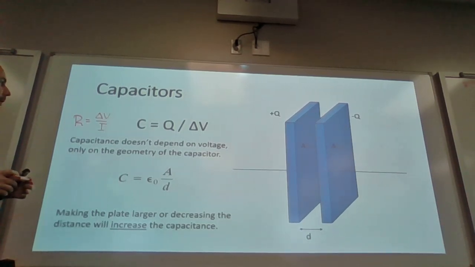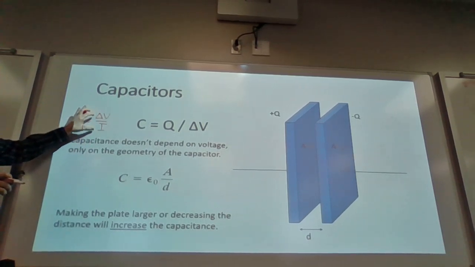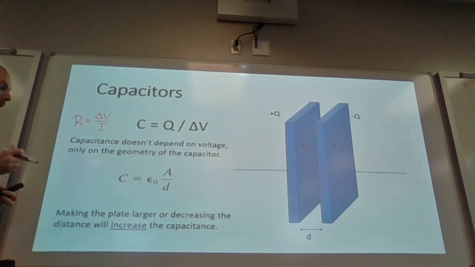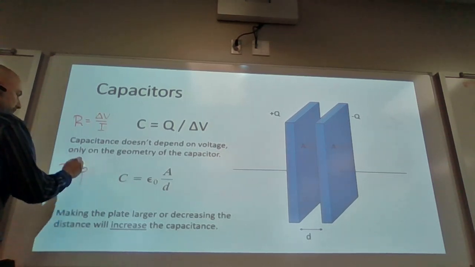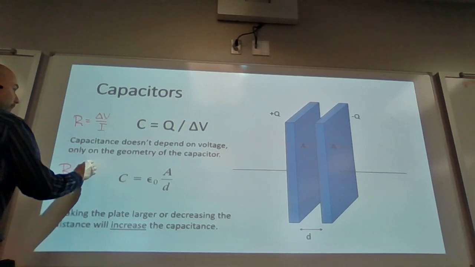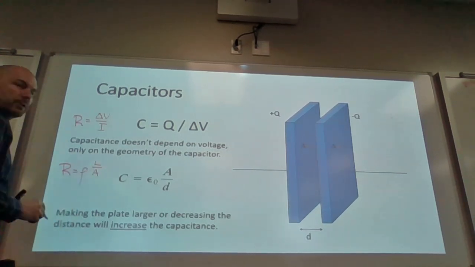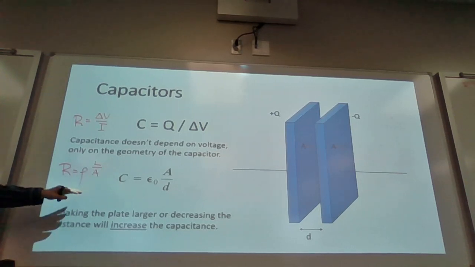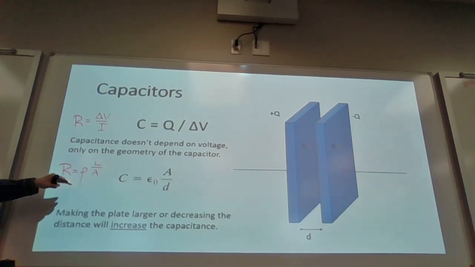We can find the resistance experimentally, but in reality, the resistance of a wire is given by the resistivity times the length over the cross-sectional area. This is actually the geometry, the physical stuff that causes resistance.